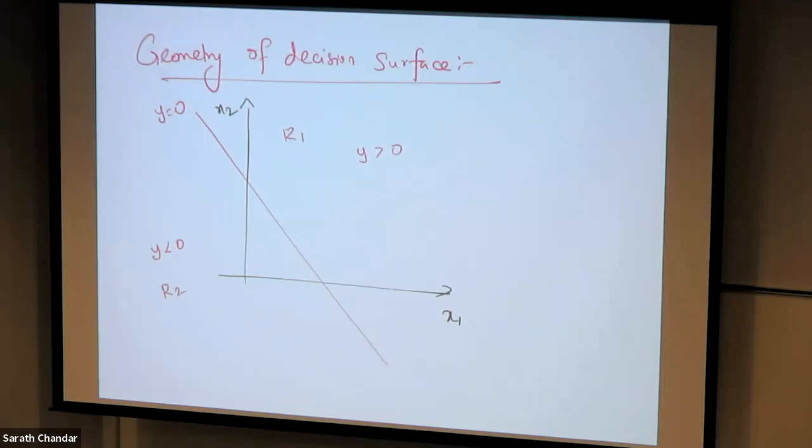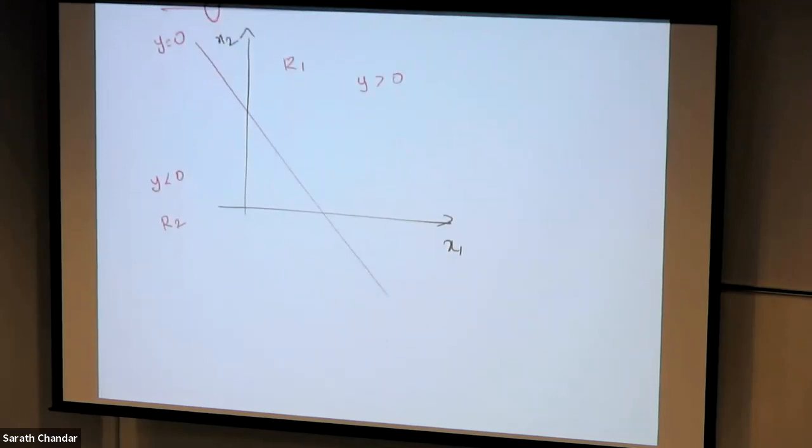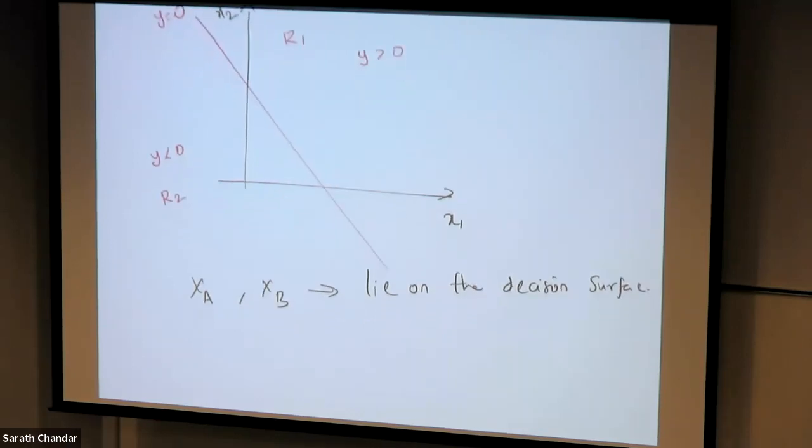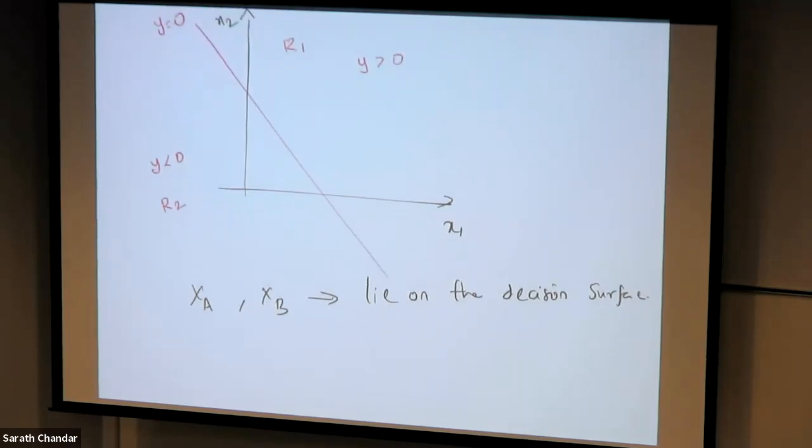Is it clear? Okay, now let's consider any 2 points, xa and xb, which both lie on the decision surface. If xa lies on the decision surface, then what is y of xa? 0.